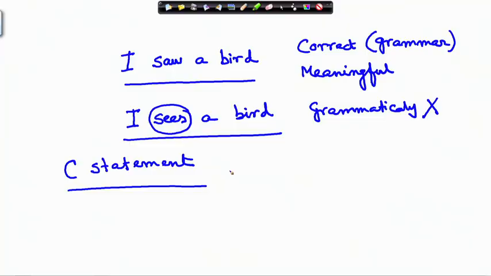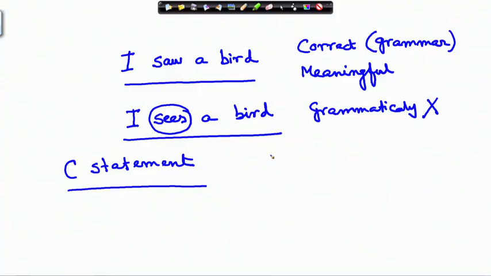Correspondingly, the correct machine language cannot be generated. Therefore, if there is something that is grammatically wrong according to C grammar, that will be indicated, marked by the compiler as a syntax error.